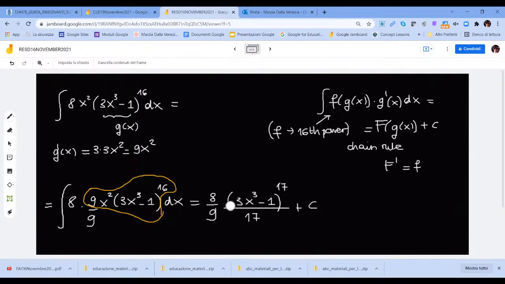Last one. Let me choose. Something multiplied.